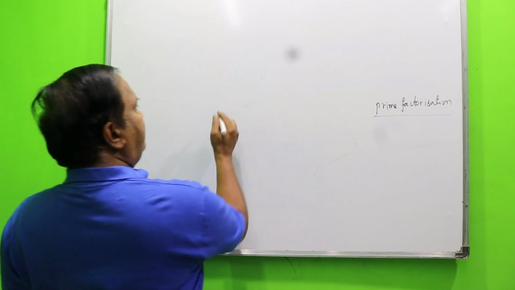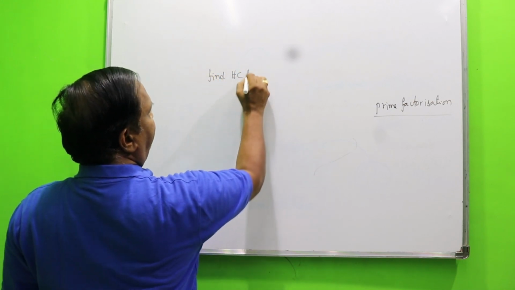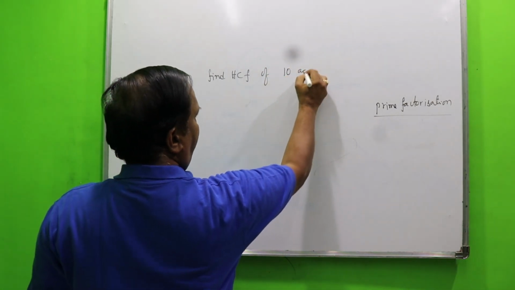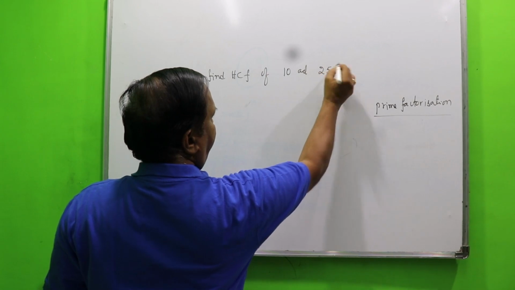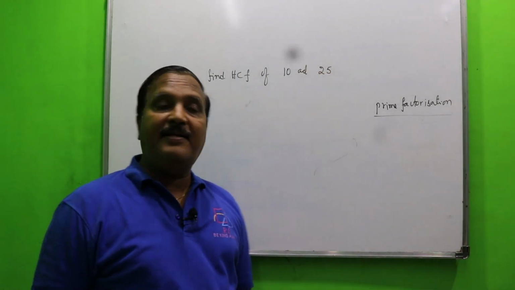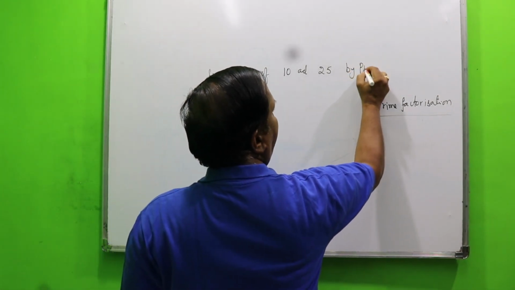Now using the same thing, find HCF of, let us say, 10 and 25. Find HCF of 10 and 25 by prime factorization method.